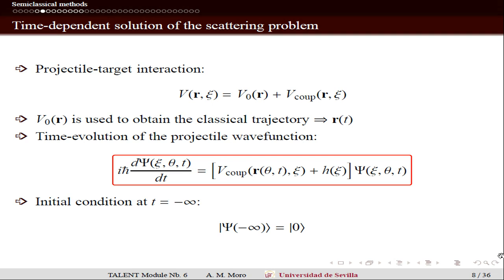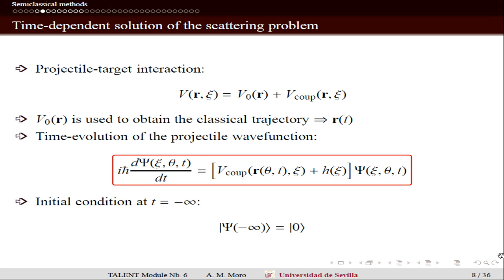So this term will not be able to produce excitation. It does not depend on the internal coordinates of the projectile. It just determines the motion of this projectile. So it is convenient to separate this from the full interaction. This will be the part of the interaction that we will use to define our classical trajectory.